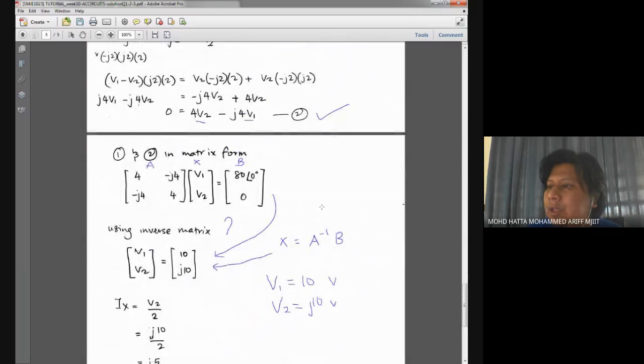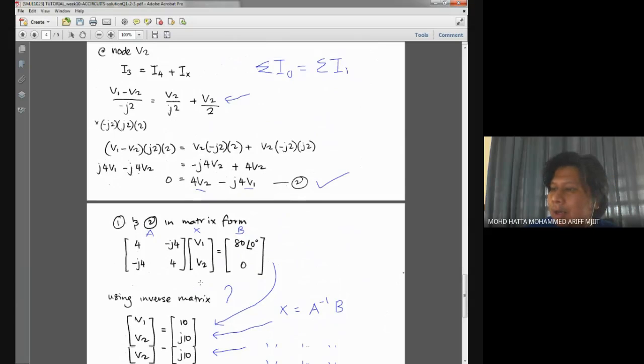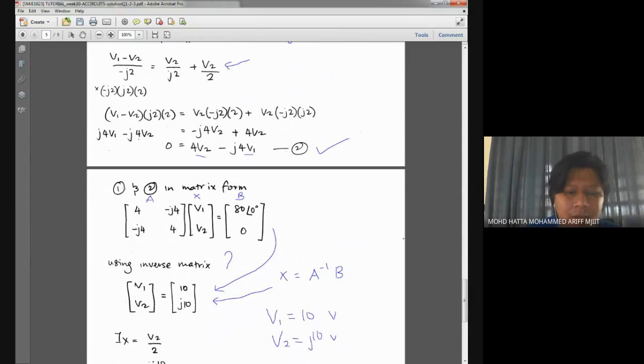And of course, to solve two unknown variables, you have a few options. Here, I use matrix form, or I try to write down my equation in matrix form, and later on, I make use of the inverse matrix in order for me to get my answer. So you can also use this kind of strategy, or you can always use your own preference.